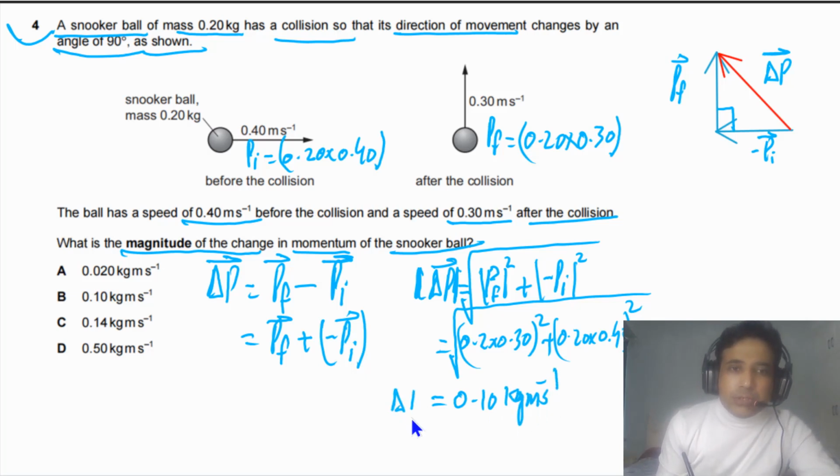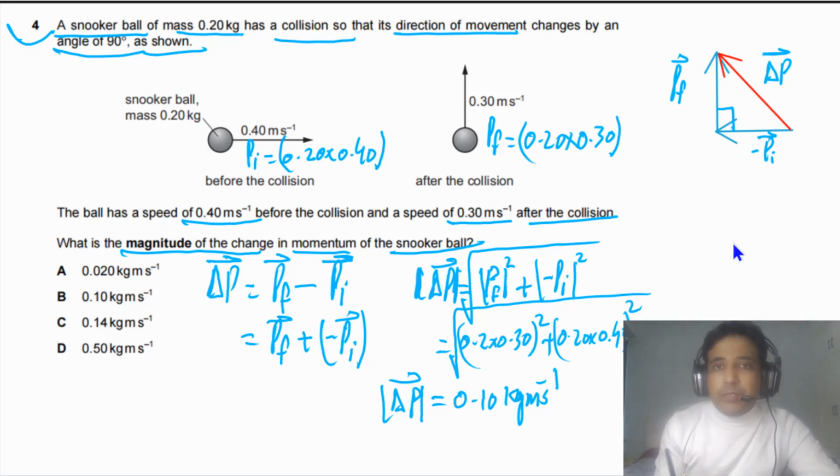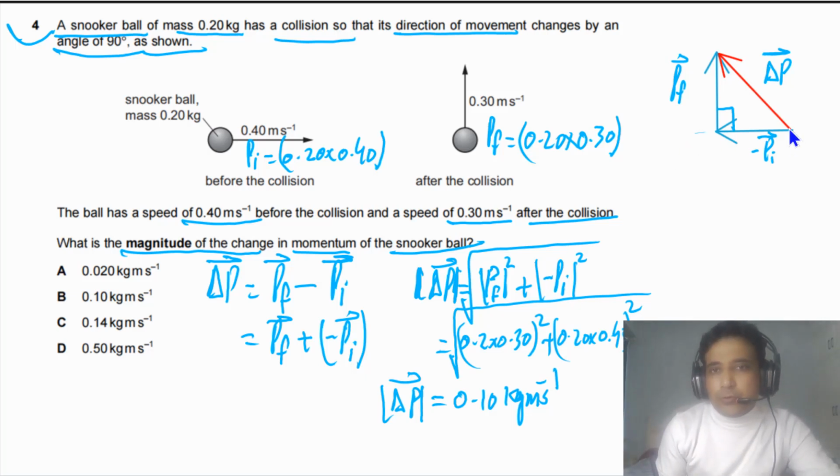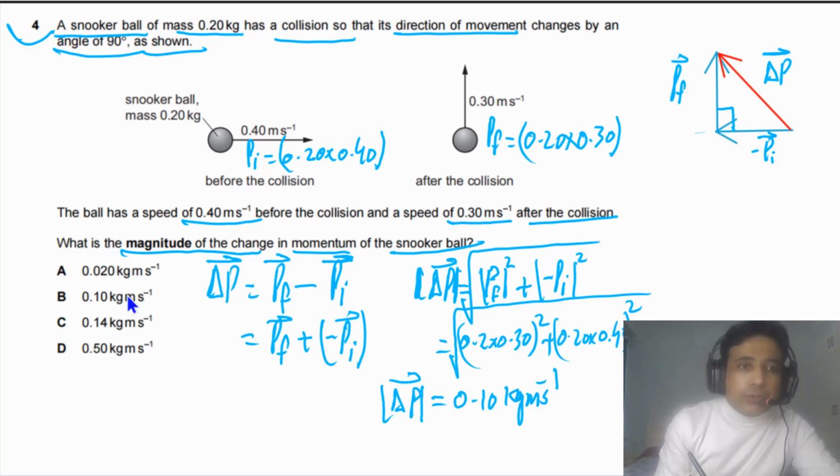So this is the magnitude of the change in momentum, and the change of momentum has to be along this line. Also the force is along the change in momentum, so the force has to be applied in this direction. This is also the direction of the resultant force acting on this ball. So the answer for this question is B. Very nice question. So this is how you can figure it out.